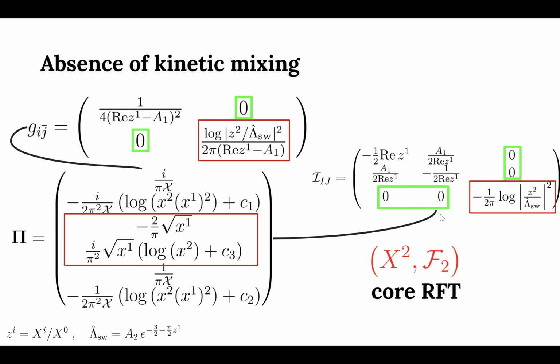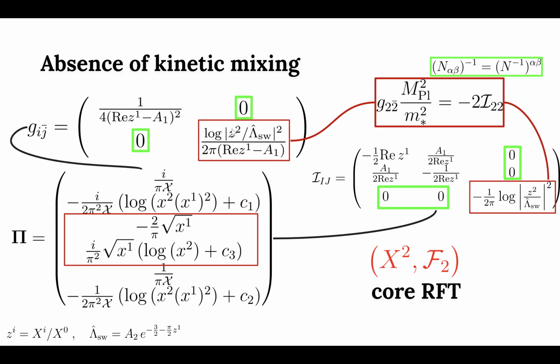So from here we can guess no kinetic mixing. I also want you to focus on the fact that these two entries correctly flow to the same rigid value when we restrict to the rigid subsector, which in this case is the direction 2, x2.